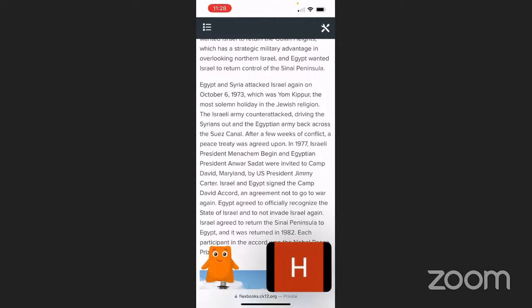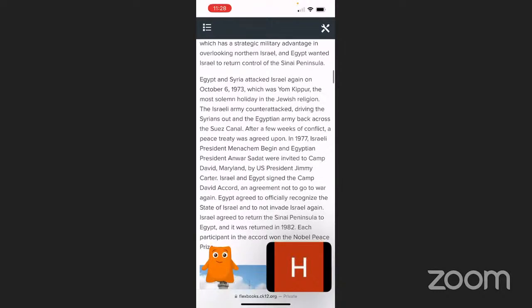Egypt and Syria attacked Israel again on October 6, 1973, which was Yom Kippur, the most solemn holiday in the Jewish religion. The Israeli army counterattacked, driving the Syrians out and the Egyptian army back across the Suez Canal.